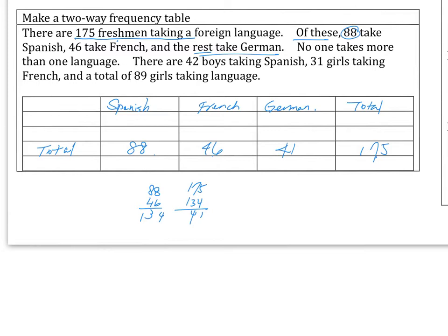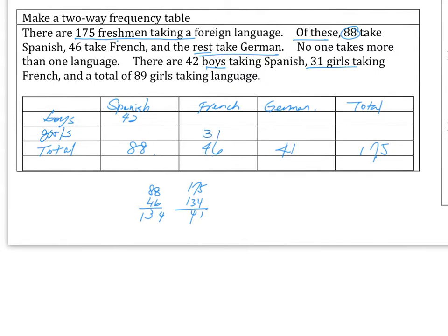And let's keep reading. No one takes more than one language. And there are 42 boys taking Spanish. So I'm going to add a category here, boys. And 42 of them take Spanish. And then 31 girls take French. So I'm going to add girls to the second row. And I'm going to put 31 down here.